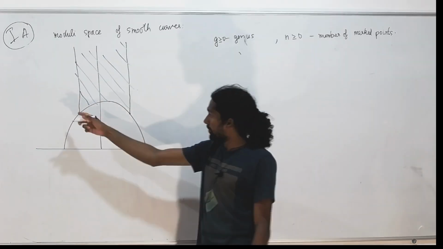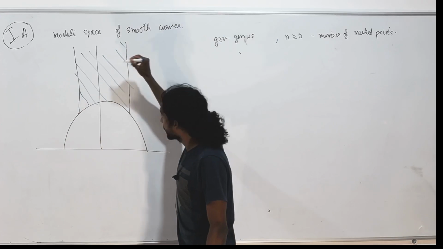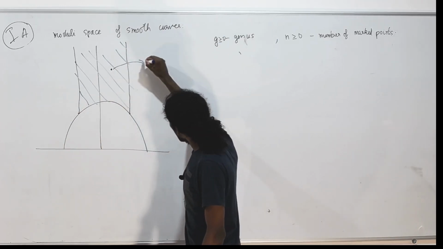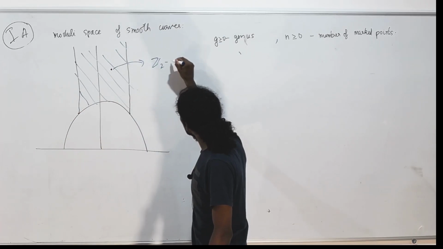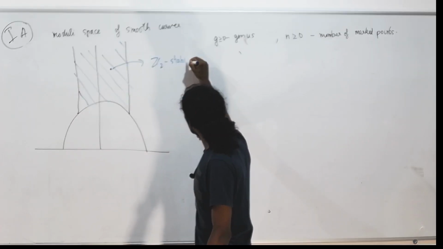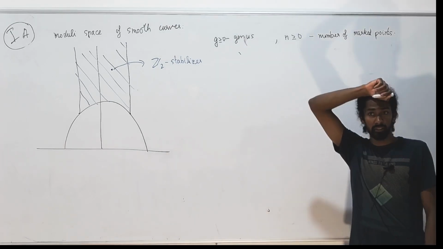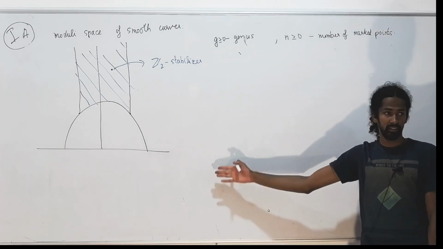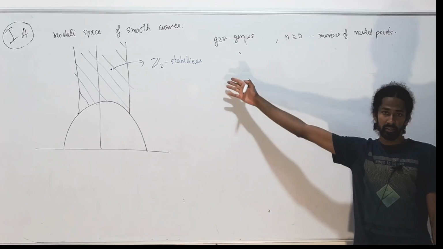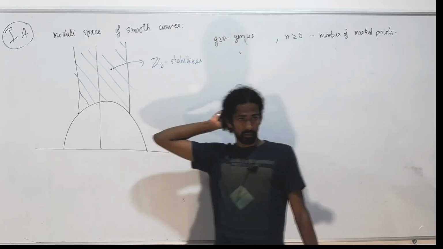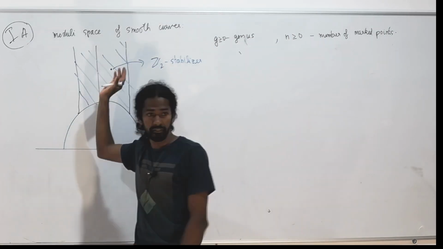What that means is that in this fundamental domain, if I look at some point here, it actually does have a Z2 stabilizer. This is just the elliptic curve. An elliptic curve is a hyperelliptic curve, and it always has a Z2 stabilizer. This is the Z2 stabilizer that you see. So the orbifold structure that you want is still this.